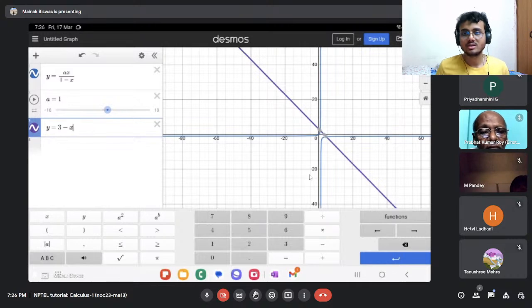This is one equation. So a has to be negative clearly for it to be tangent.